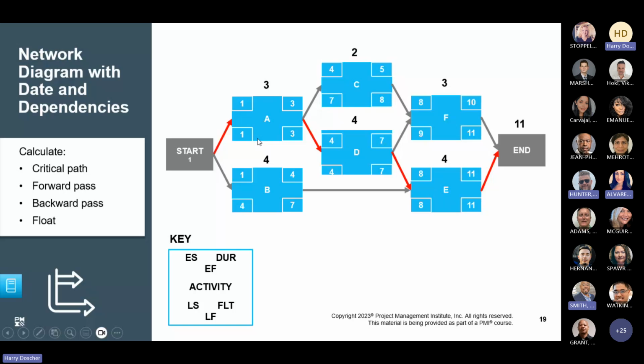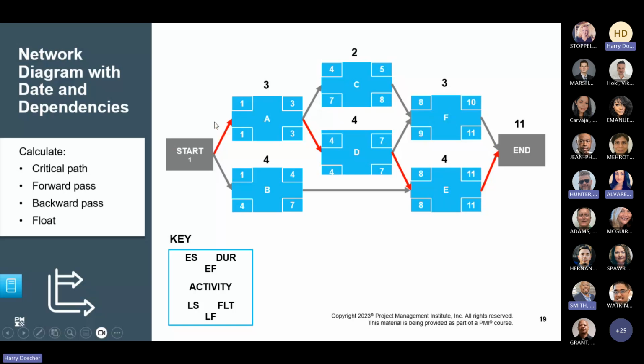Notice in this example, we've got multiple paths that we can take. We can go start to A, to C, to F, to end. We can go start to A, to D, to F, to end.